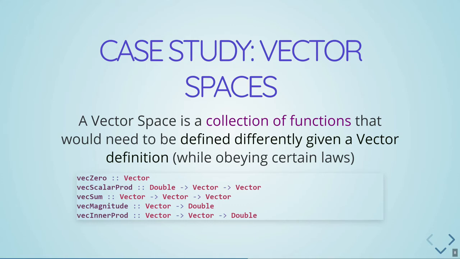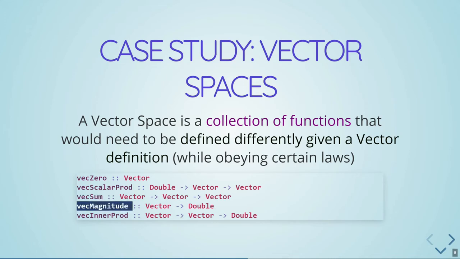So a vector space, if we were to try and code it up in Haskell, what we would basically do is create the following functions. We would have some vector type, and that vector type would have a 0. It would have a scalar product. It would sum things; there'd be some way to sum them together.